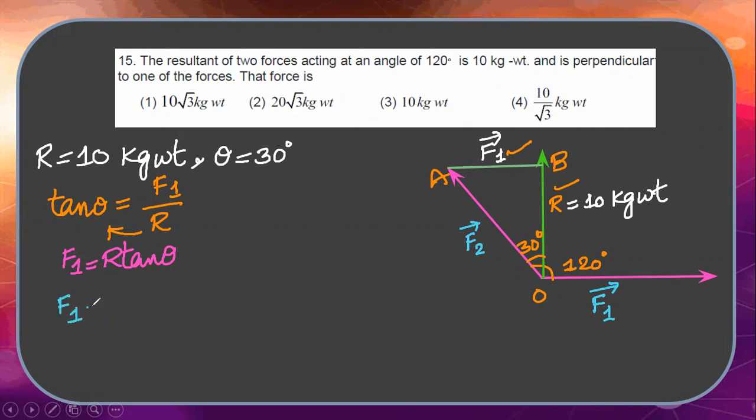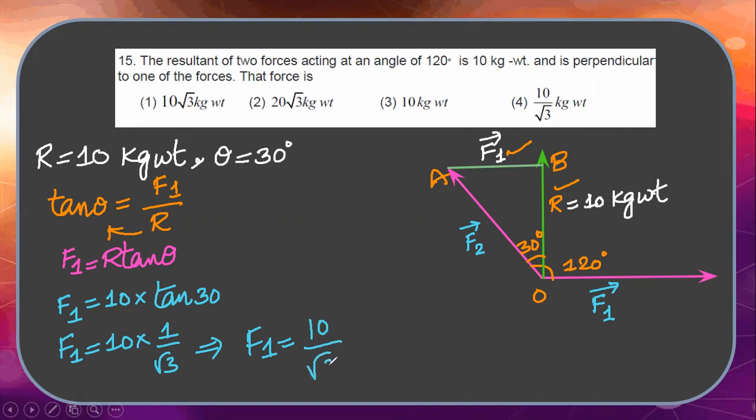Therefore, F1 is equal to 10 into tan 30, which is 1 by square root of 3. Therefore, F1 is equal to 10 by root 3 kg weight.